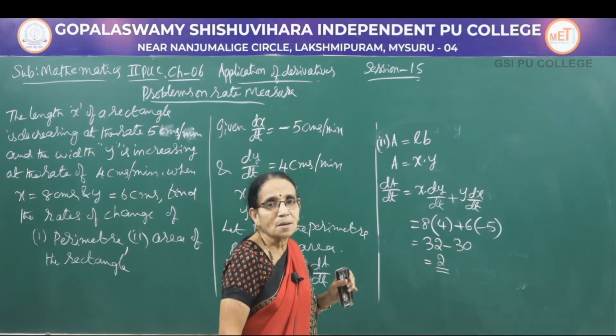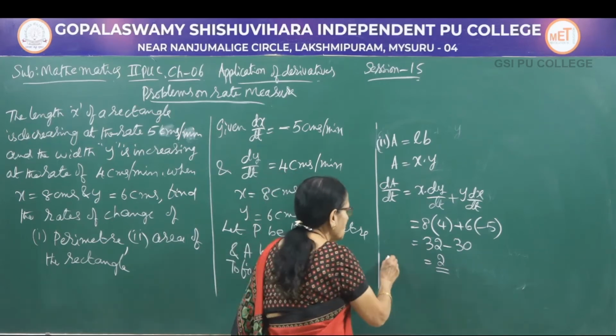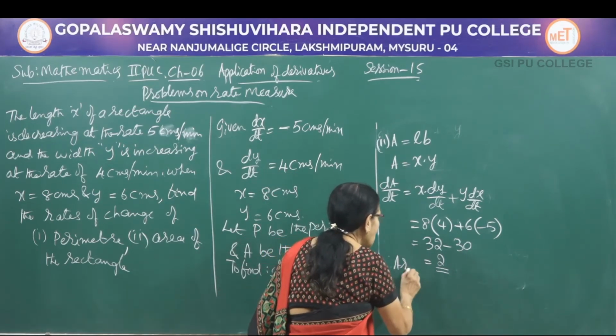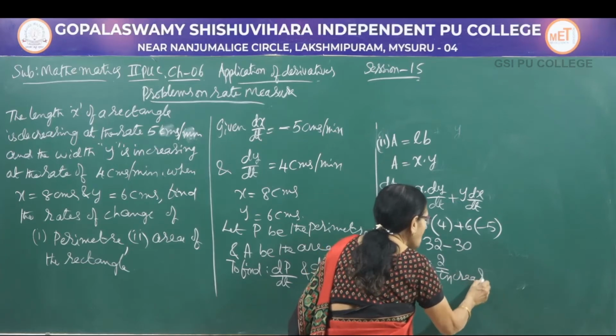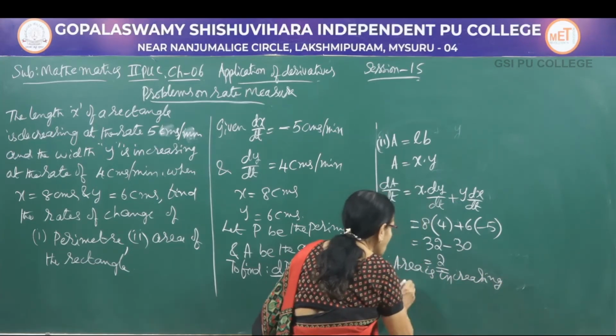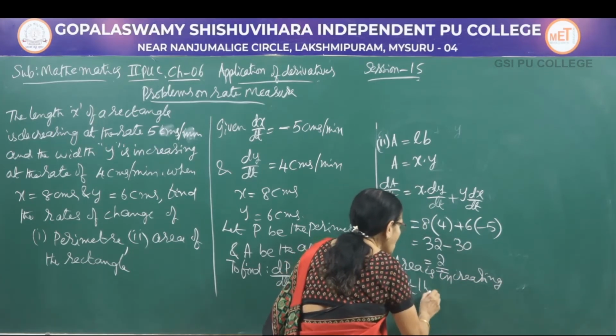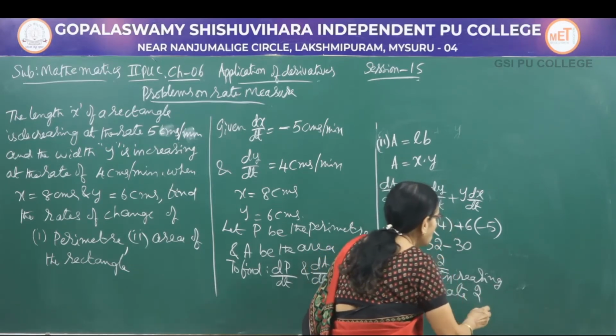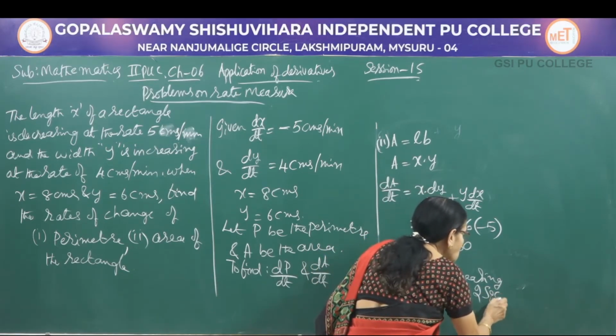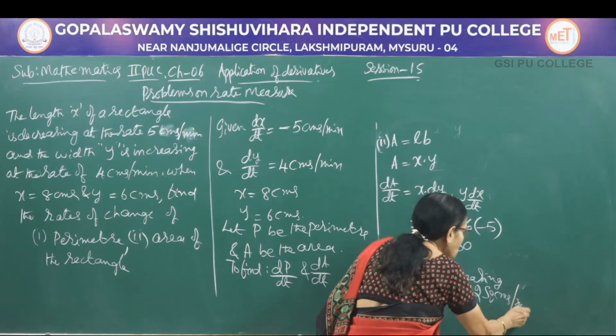That means the area is increasing. Therefore, you write: the area is increasing at the rate of 2. How do you write area units? 2 square centimeters per minute.